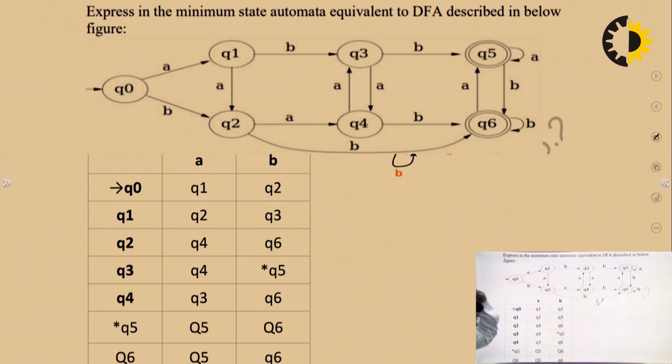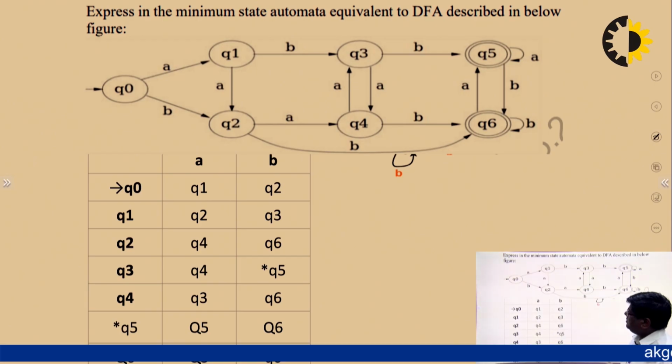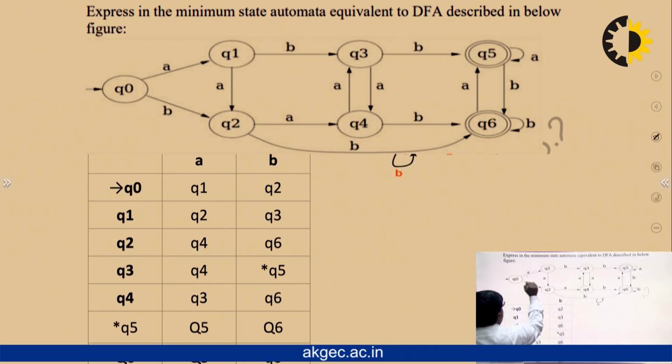Now, this one is a very famous example for the minimization of the DFA. Now this is the DFA and we make the transition table. Now, we check the transition table. Q0 on A, we find Q1, it is right.